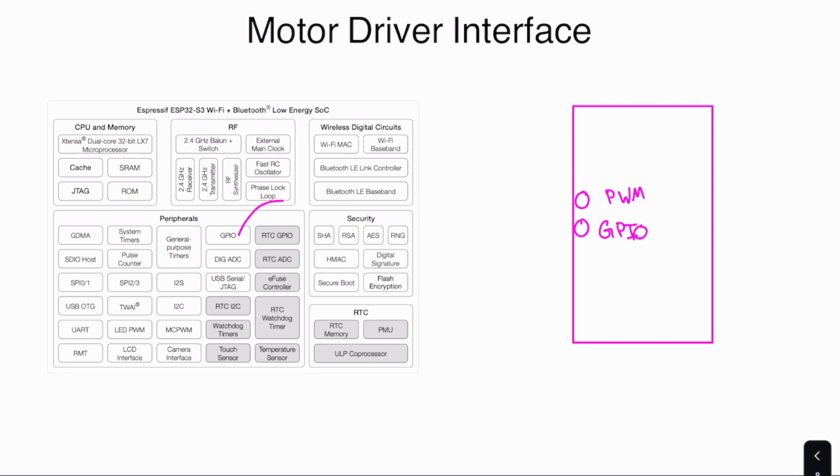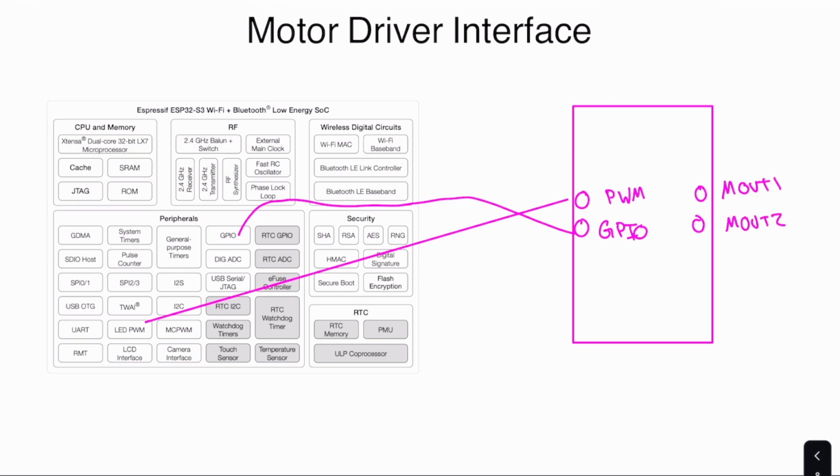So you could think of those as being sort of tied into these couple of banks that we see on the chip's interface. And of course that's just the control side. On the other side we'll have outputs, and those were I think called mout1 and mout2, motor out 1 and motor out 2. And there's an A motor and a B motor, both on the input side and on the output side.